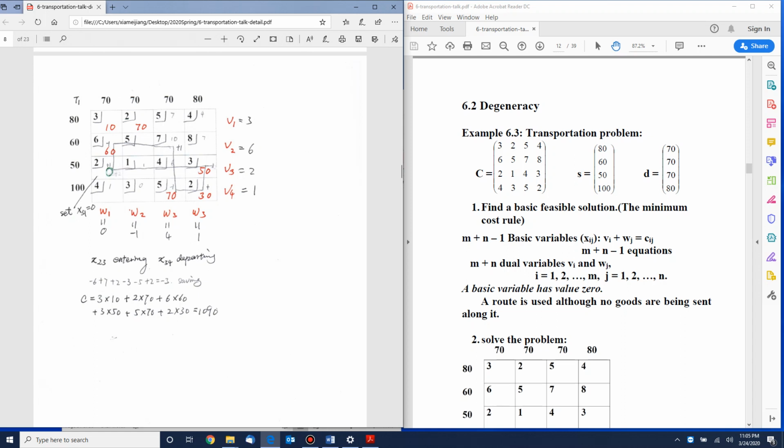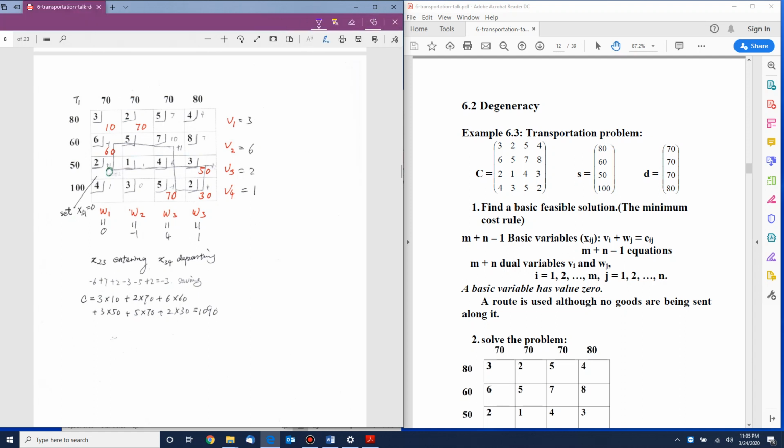And then in this way we have v2 equals 6. But once we have done this, we may not go further to find v3, v4, w3, w4. Here I have wrong writing here. That should be 4. Should be 4 here. Okay.